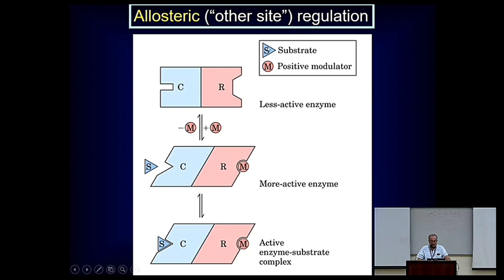So I want you to pay attention to two things here. S is the substrate. So the substrate eventually is going to bind to the catalytic subunit, where it will be changed to a product. M is an example of allosteric modulator.